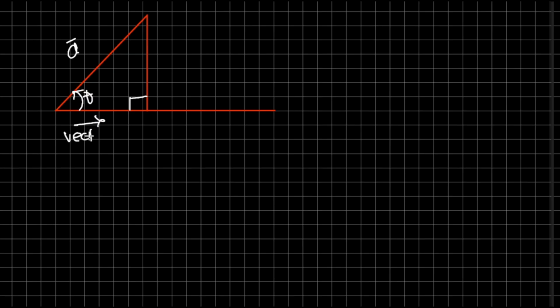It's called the vector projection. So this is the direction we have.